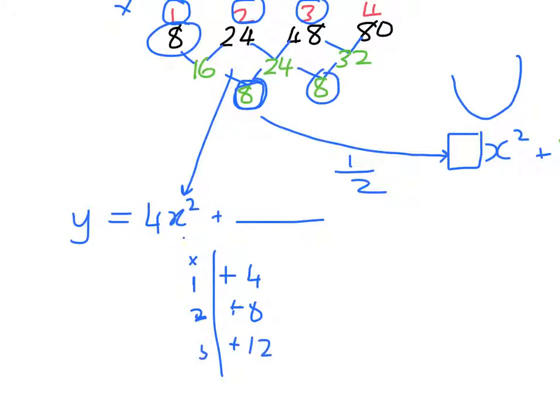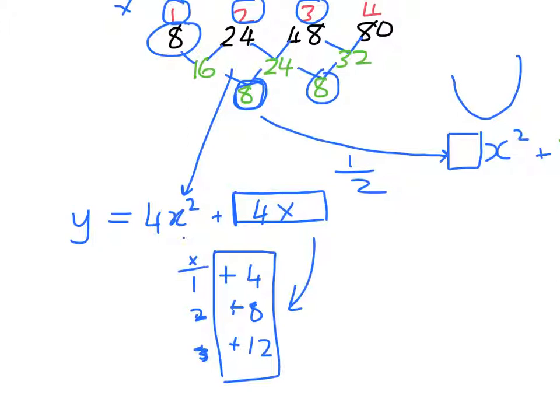So you can see with this part of the formula, when x is 1 I get a 4, when x is 2 I get an 8, when x is 3 I get a 12. So this is actually just multiplying x by 4 to get this pattern down here.